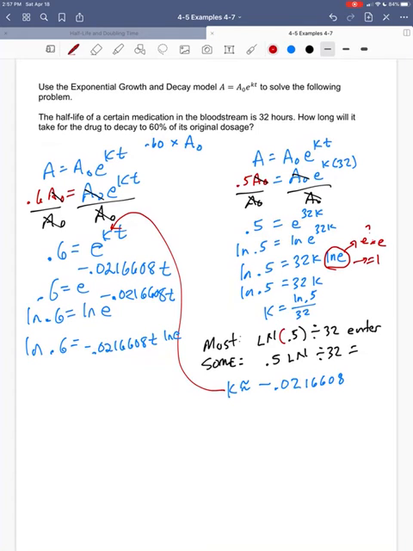And just like we had over there earlier, this natural log of e is just equal to 1. And so to solve for t, I'm going to divide. So it would be natural log of 0.6 all over negative 0.0216608.